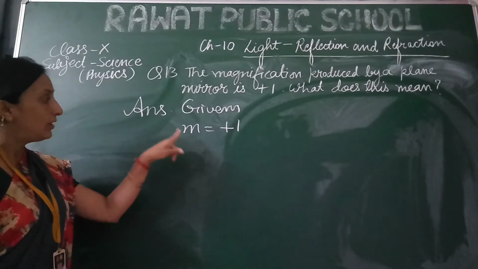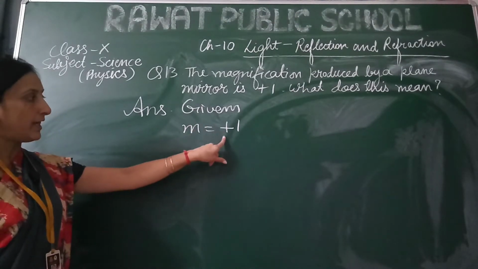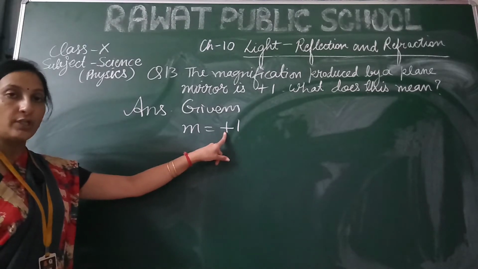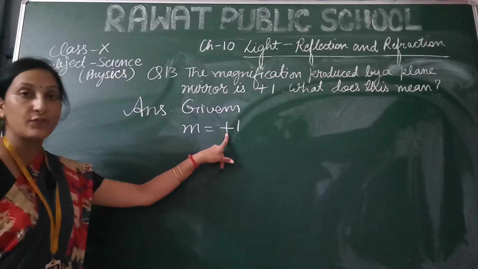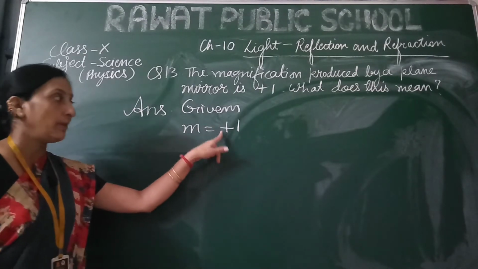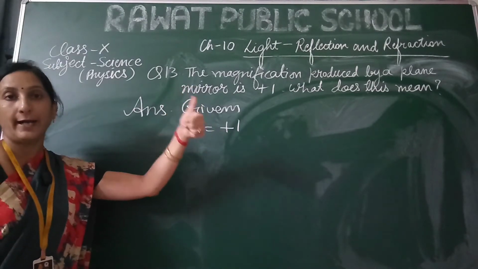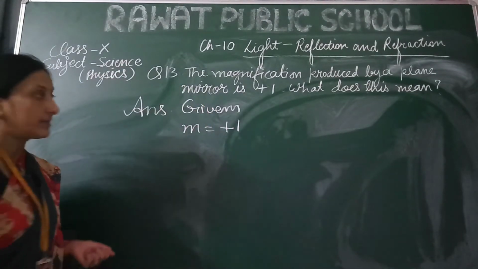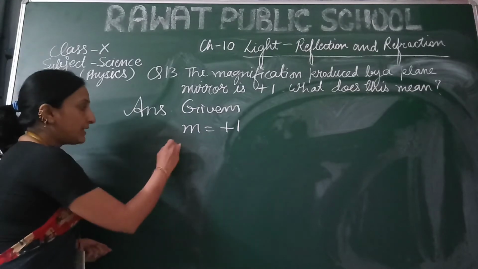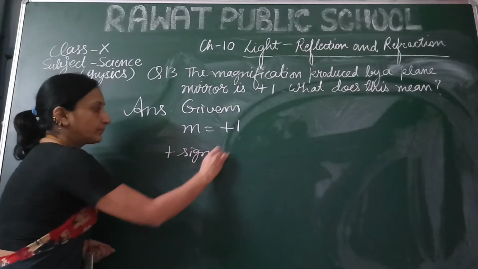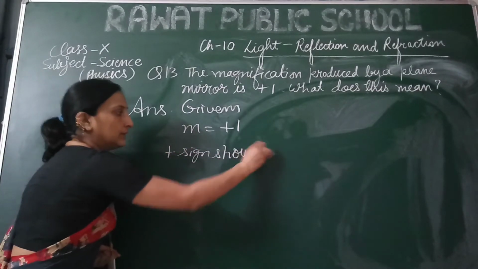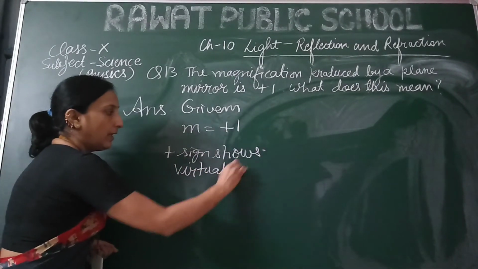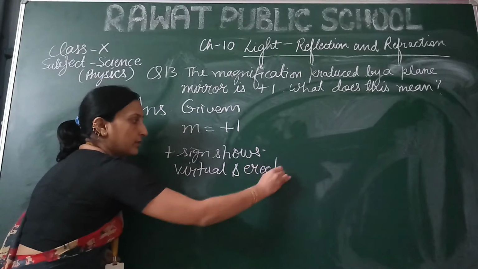As I told you that the magnification has two things, a sign and a value. The sign shows the nature. If there is a positive sign, का मतलब है the image is virtual and erect. It is above the principal axis. यानी कि the plus sign shows that the image is virtual and erect.